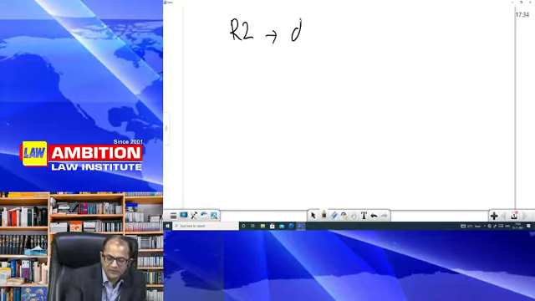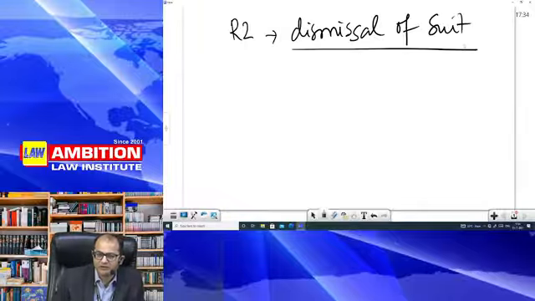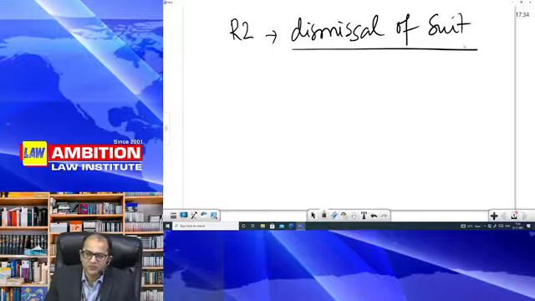So, Rule 2 basically deals with dismissal of suit. If you are prosecuting the suit, it is your duty as plaintiff to be extra vigilant. If you are not, the court will punish you obviously. So that is dismissal of suit.